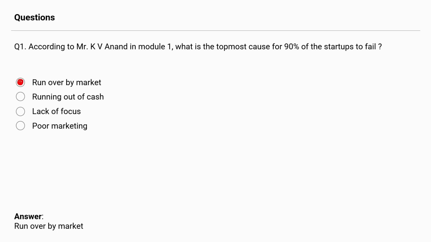All those who opted for option one, very good, you have correctly responded. The topmost cause for 90% of startups to fail is being run over by market, or there is no market need. If the other option you get is no market need, that also will be the correct answer. Either run over by market or no market need. All right. Shall we proceed to the next question?